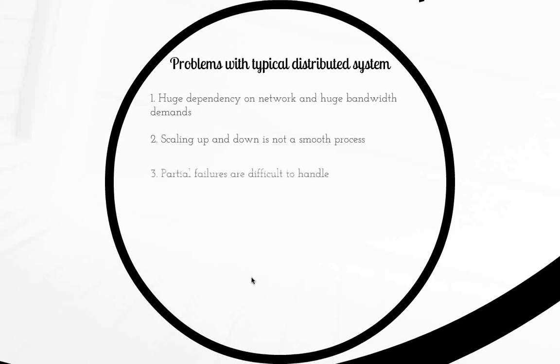Partial failures are difficult to handle. If 10 machines are running, what if machine 3 goes down? It was you as a developer who had to take the pain of making sure that the failure was handled gracefully. A lot of processing power was spent on transporting data.